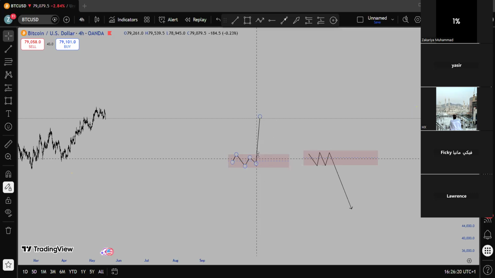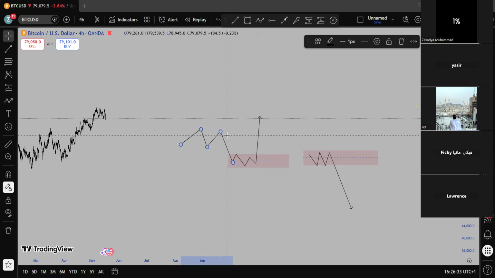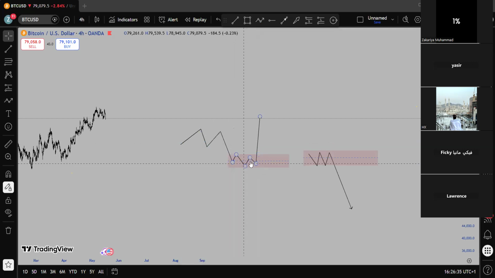So this is what I'm going to talk about. An order block is an area of consolidation before moving up to the upside, and that move up causes a break of structure. This is how you determine an order block. It is an area of consolidation where there are a lot of institutional orders.